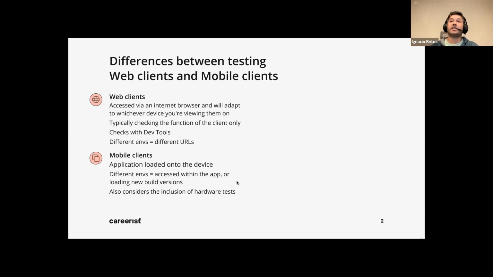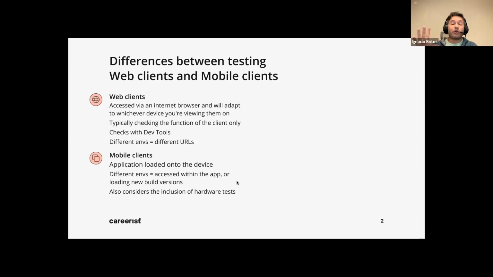Then the second one is typically checking the function of the client. You have different ways of performing the testing activities in a web client. One of them is using dev tools. You may know what dev tools are.